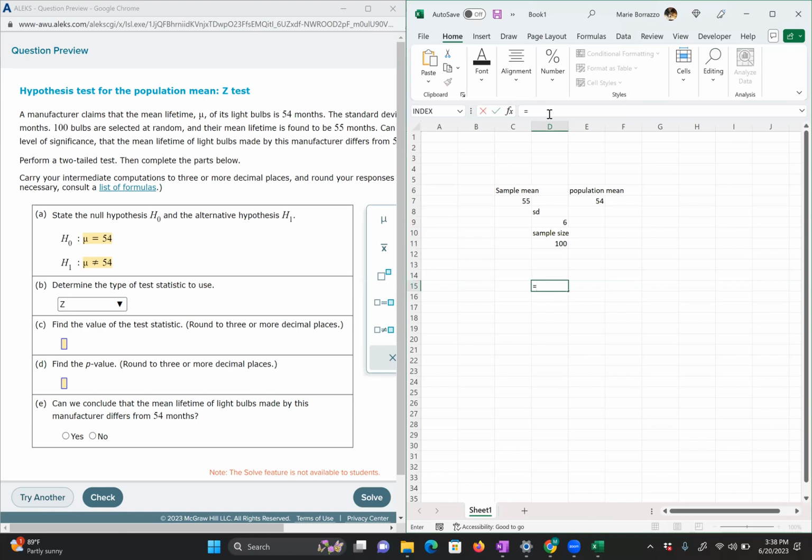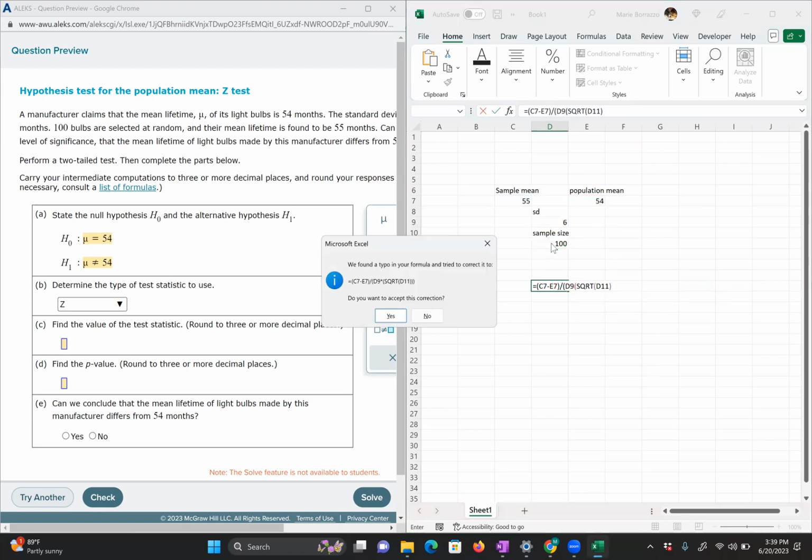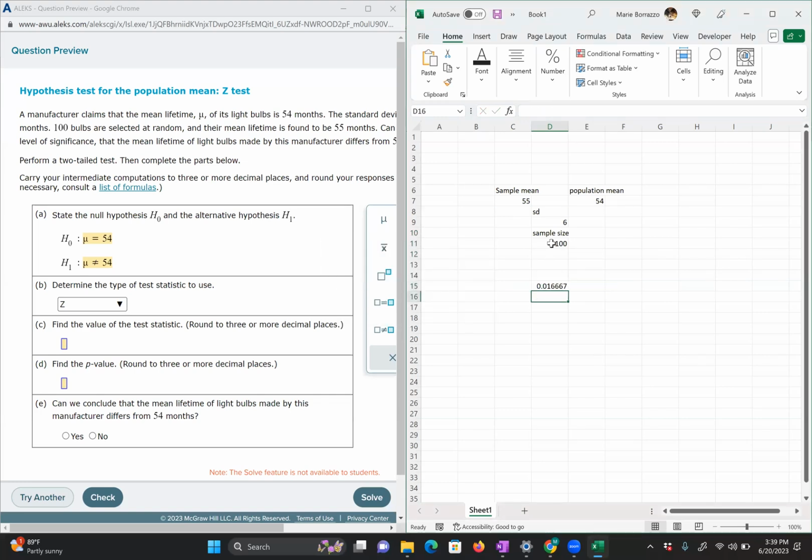So this is equal to parentheses, sample mean minus population mean, divided by the sample size divided by the square root of this sample size. Okay, so that's correct. That's 1.016. Now that's a z-score.